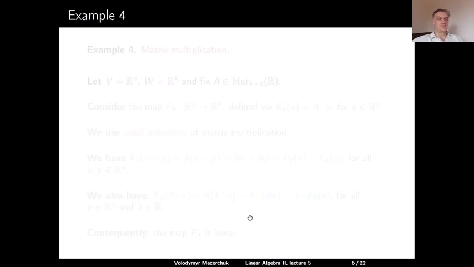Example 4. Matrix multiplication. Let V be the vector space R to the power n, and W be the vector space R to the power k. And let us fix some matrix A with k rows and n columns. So it's a k times n matrix with real coefficients.